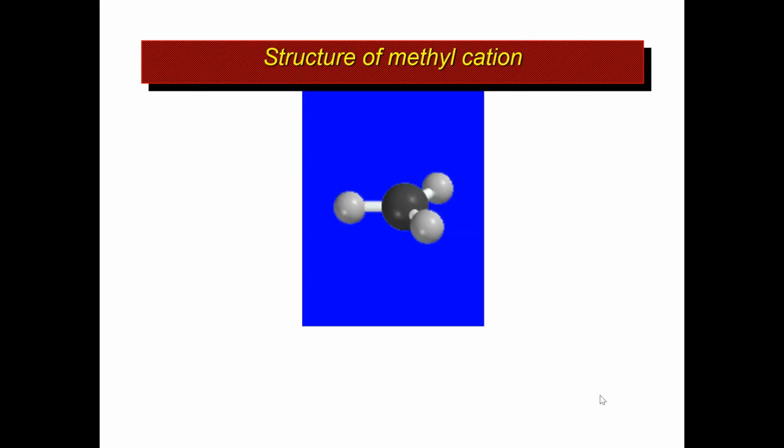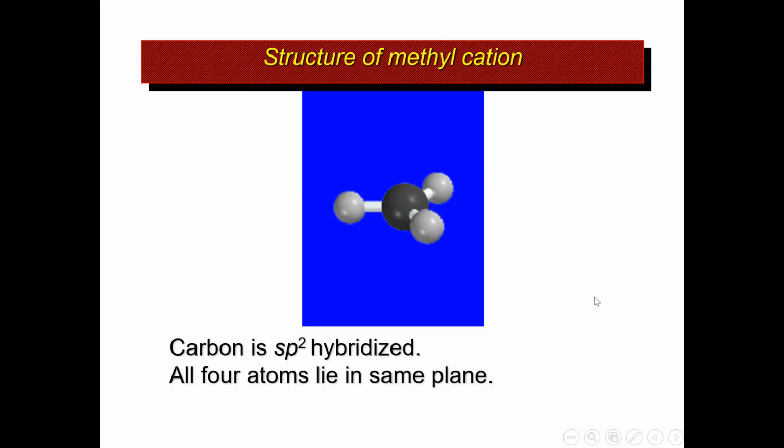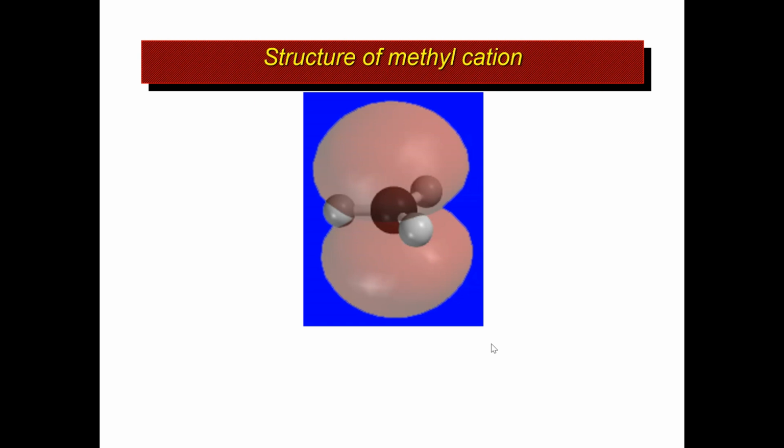If we look at this structure in a 3D view, the carbocation exists like this. This is the carbocation carbon to which three atoms are attached, so it is trivalent. They lie in a single plane. This is sp2 hybridized. If I take a methyl cation, the carbocation carbon of the methyl cation is in the center.